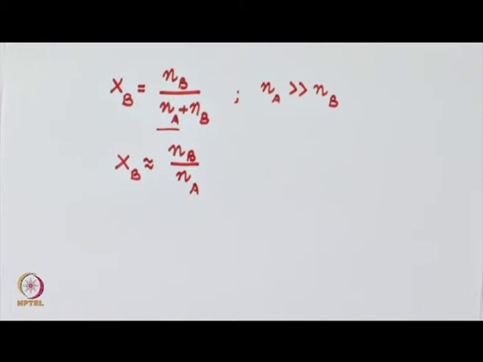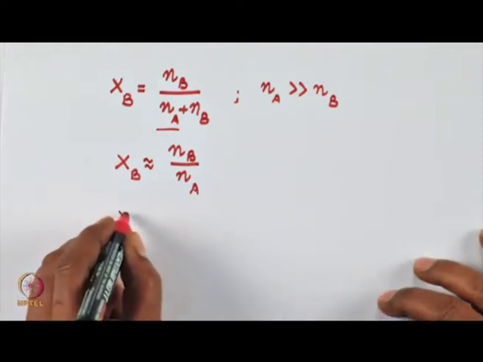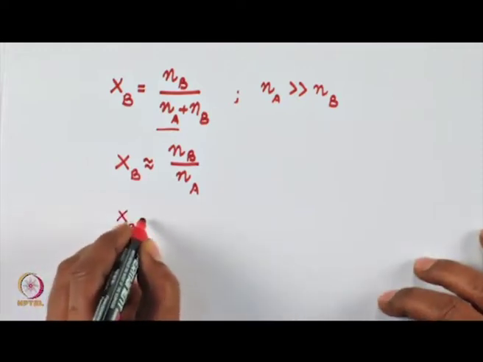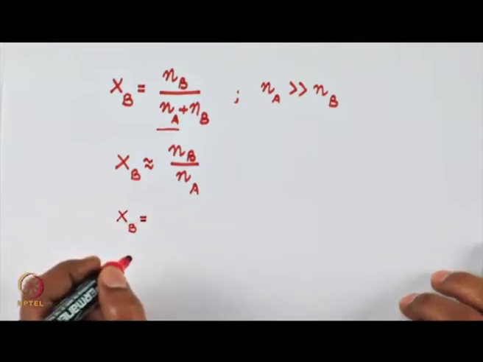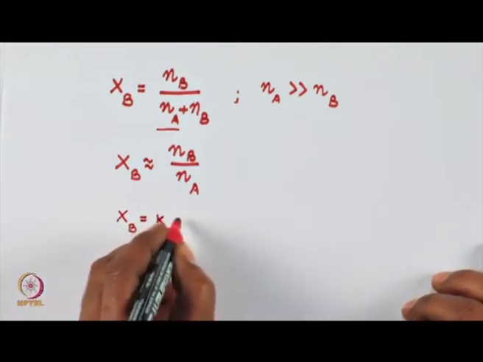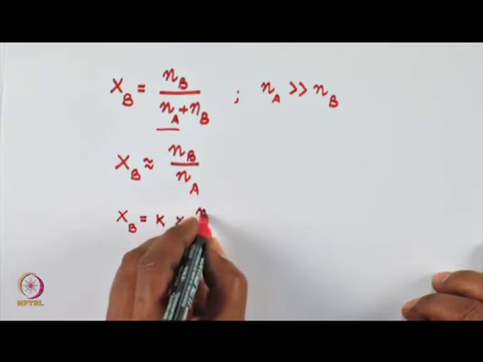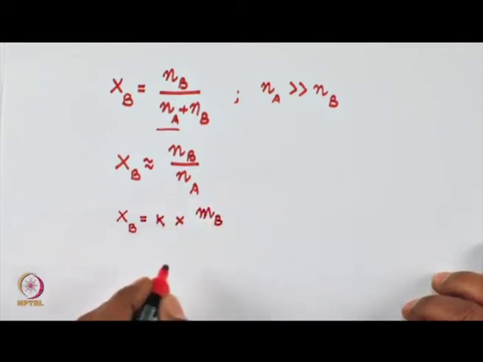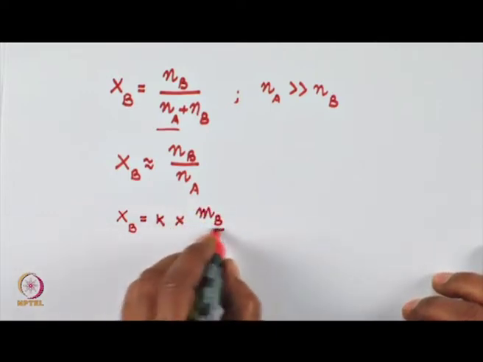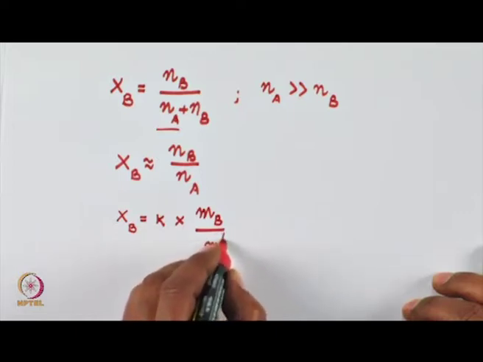Then the number of moles of solute in a given quantity of solvent will give us information on molality. That means XB, the mole fraction of B, is equal to some constant times the molality of B divided by M naught.